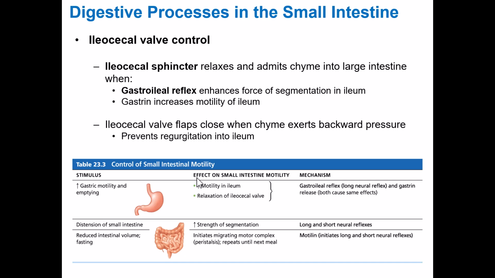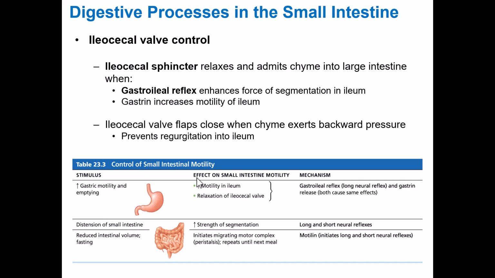There's also a sphincter, I didn't mention this earlier, that leaves the stomach, where the stomach meets the duodenum of the small intestine. And then there's a sphincter where the small intestine meets the first part of the large intestine, called the ileocecal sphincter, because that first part of the large intestine is called the cecum.